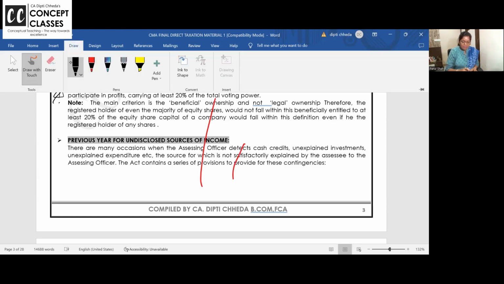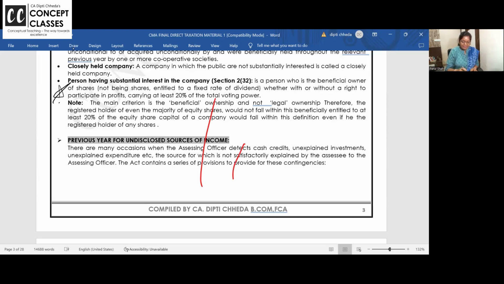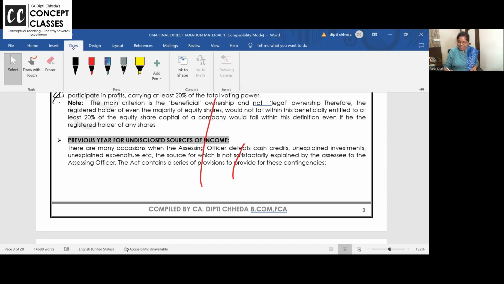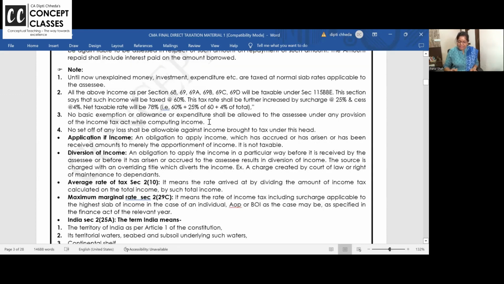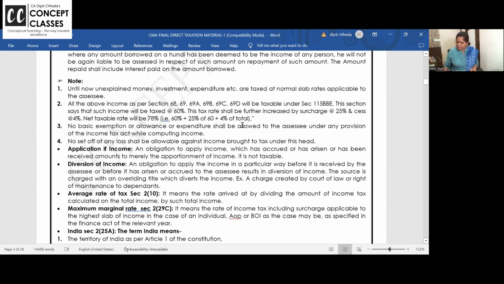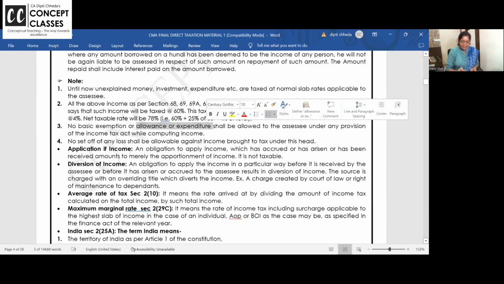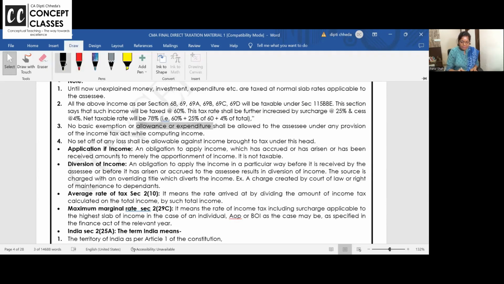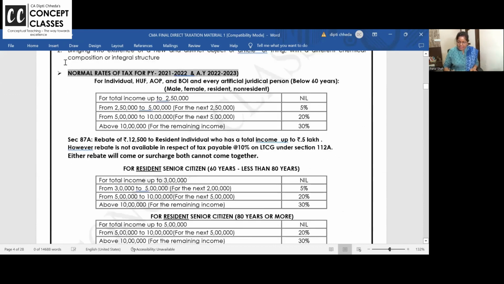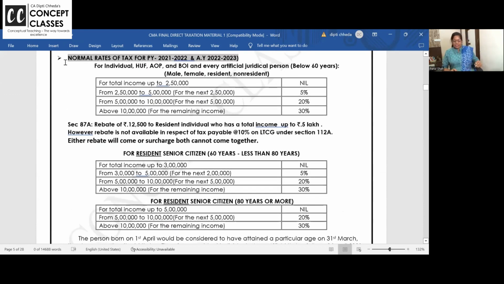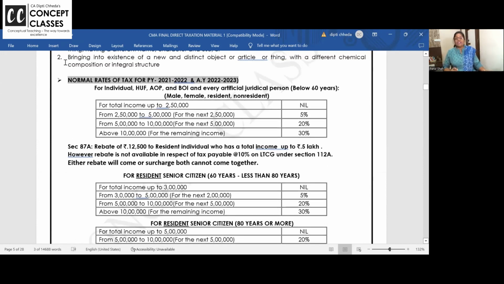We have seen how this income is taxable at the rate of 78%. Right. Then let us start with the tax rates.